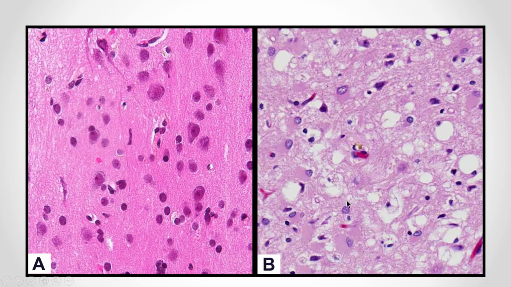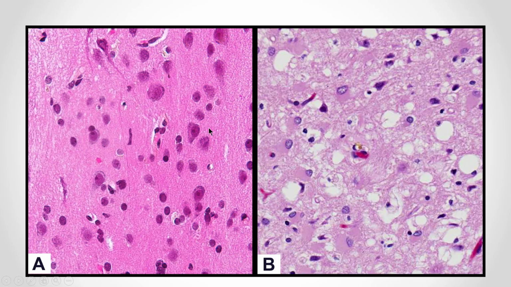So the disease process is called spongiform encephalopathy. Over here on the left is normal brain tissue, and over here on the right is abnormal brain tissue. And you can actually see these white holes, and those would be some of the spongiform, hole-like structures that these prions create.